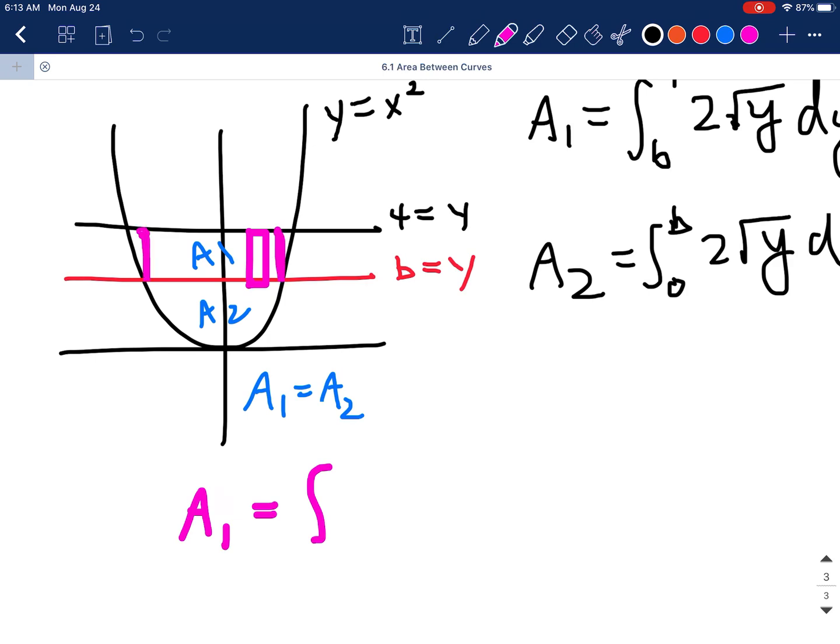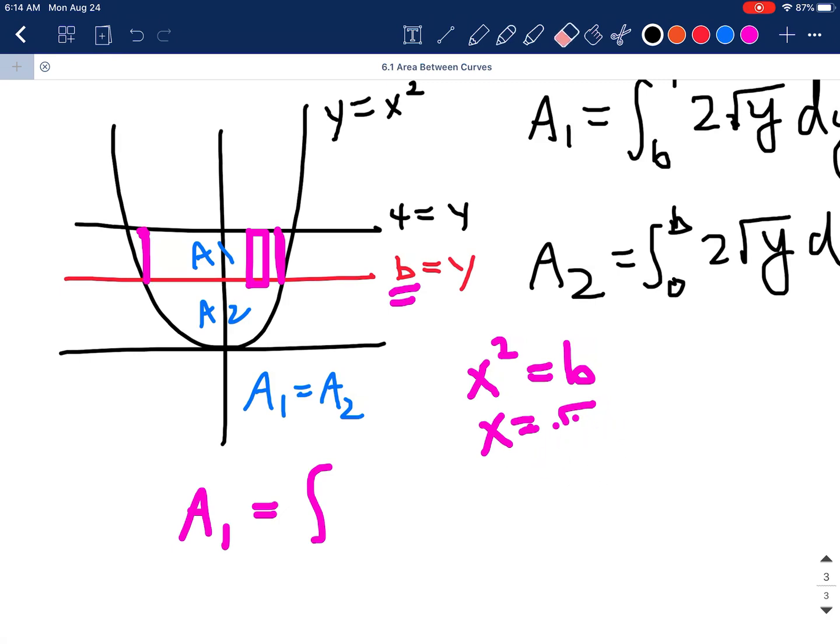There's these little spaces here where it's not bounded the same way. So it would depend on where the parabola reaches b. So if x squared is equal to b, x is equal to radical b. So it'd be plus or minus radical b.